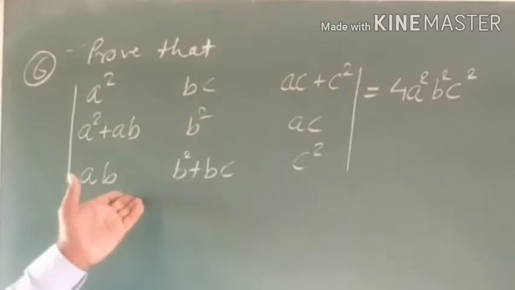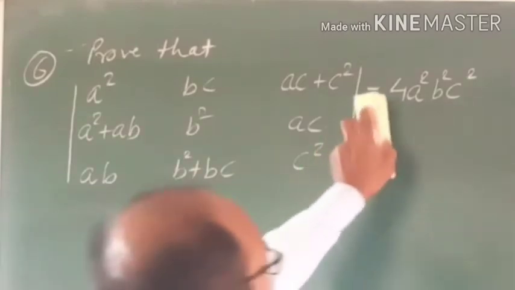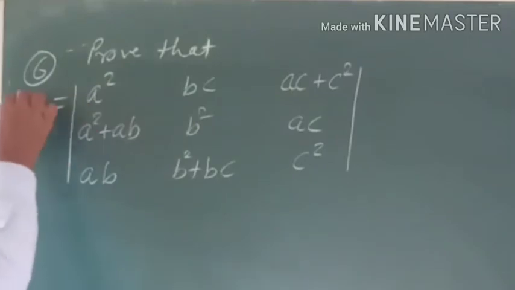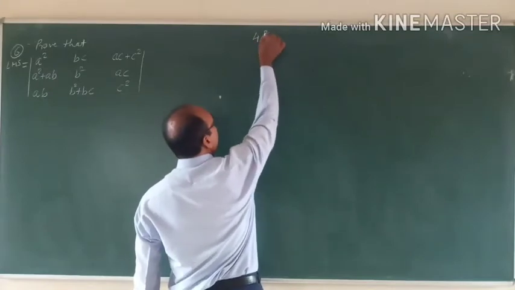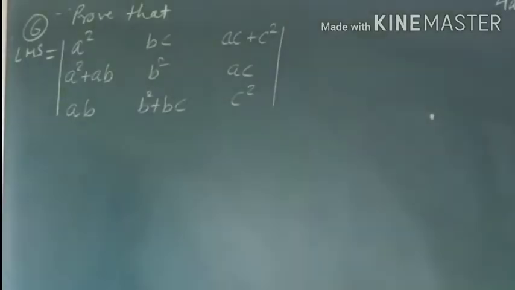So by taking the LHS, I am just taking only the LHS. This is the LHS, and our target is 4 a squared b squared c squared.